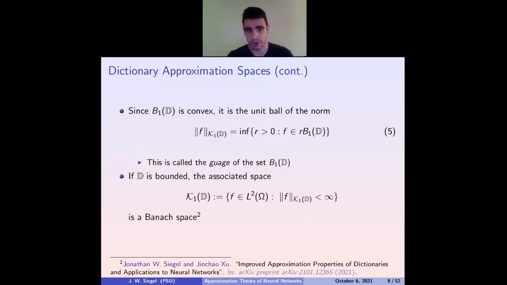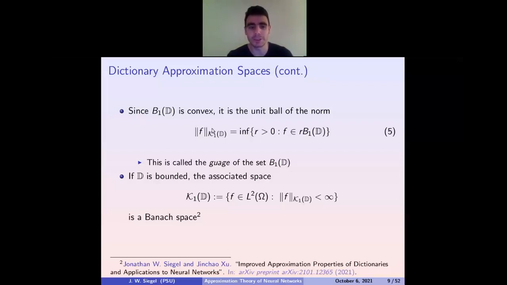For convenience, we can associate a norm to this class of functions. Since this is the convex hull of your dictionary, it's in particular a convex and symmetric set, so we can define a norm whose unit ball is exactly this set, which is called the gauge norm. We set the K1(D) norm of a function f to be the smallest multiple of that ball that contains f.